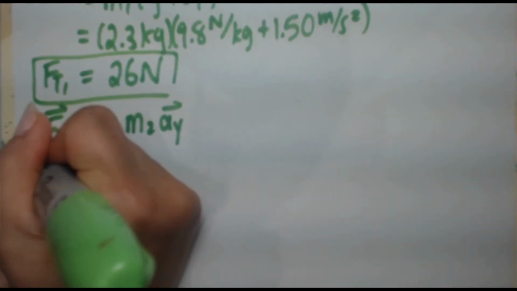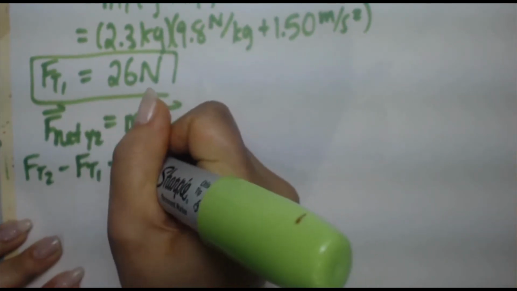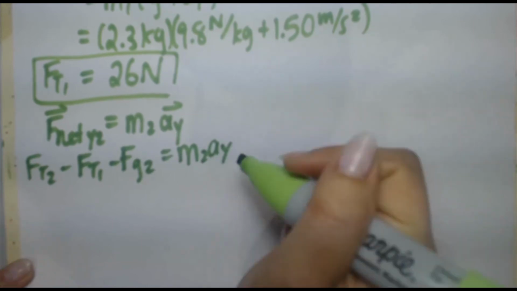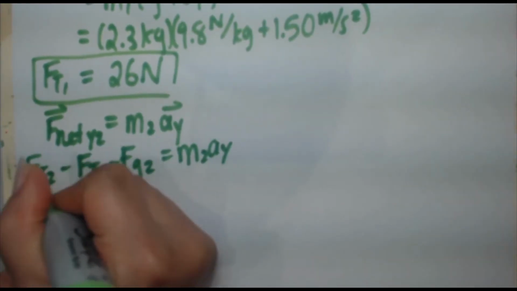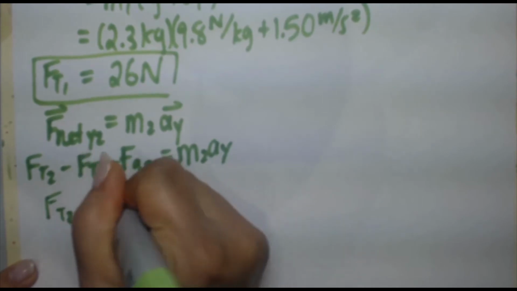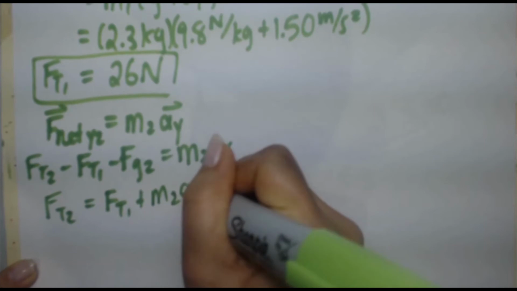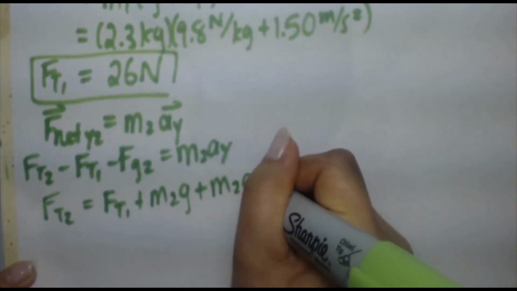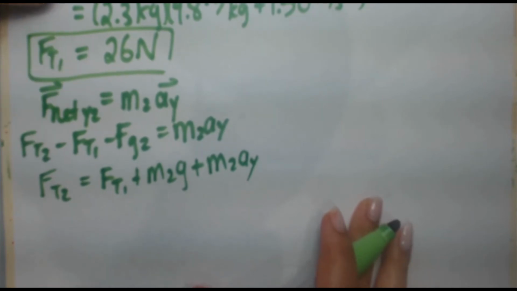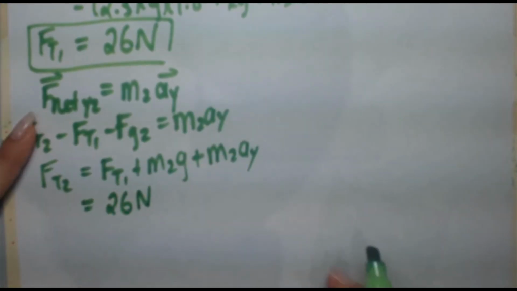So now we've got Ft2 minus Ft1 minus Fg2 equals M2 AY. Okay, isolate for Ft2 because that's what you're looking for. So Ft2 equals Ft1 plus M2G plus M2AY. Okay, so we know Ft1. Ft1 is 26 newtons. We just found that out.